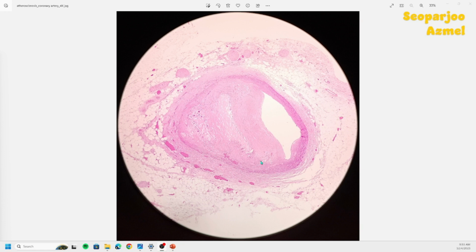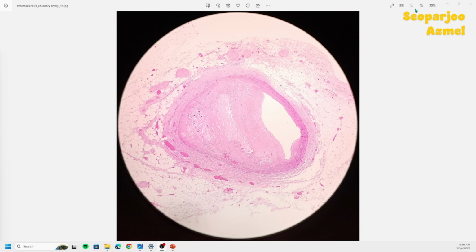The atherosclerosis is formed on this side of the vessel, so it compressed the lumen on one side. The lumen is left with around 20% of its opening. This can cause blood flow limitations to the distal part of the vessels.